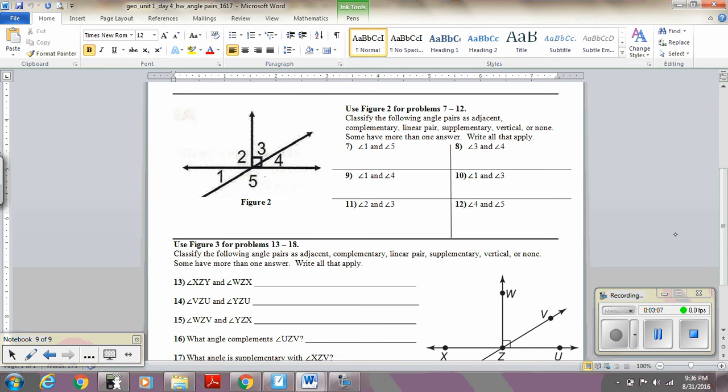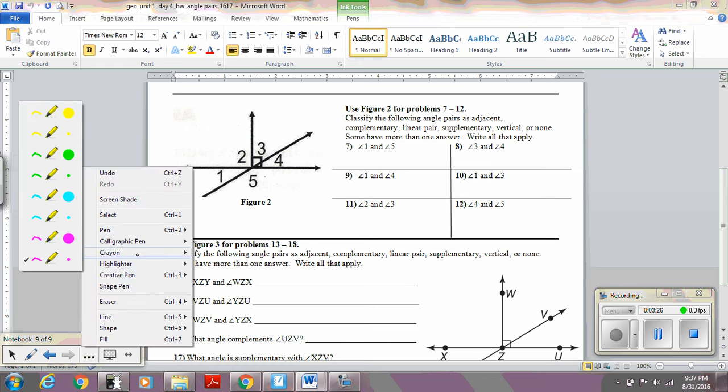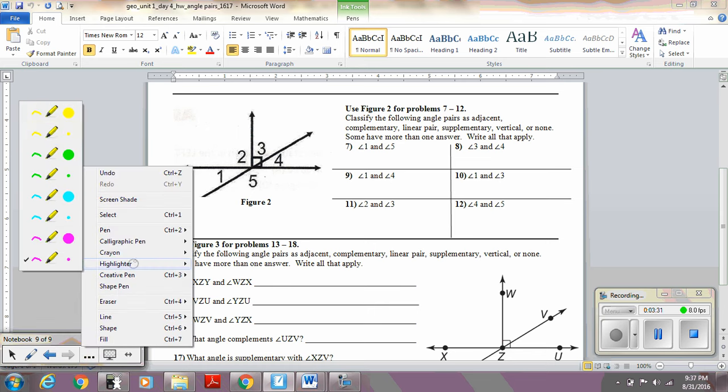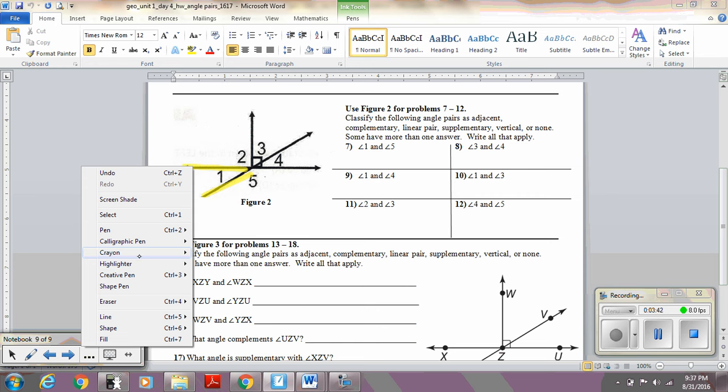For the next section, it wants us to classify the angle pairs as adjacent, complementary, linear pair, supplementary, vertical, or none. And some have more than one answer. So number 7, we're focusing on angles 1 and 5. Let's highlight both of those. This one is angle 1, and this is angle 5.